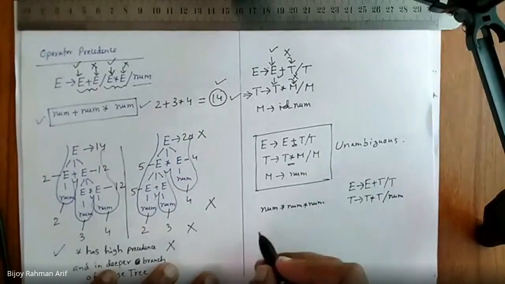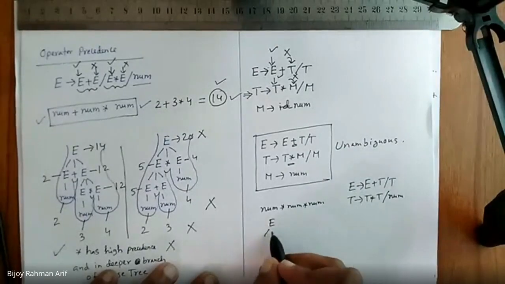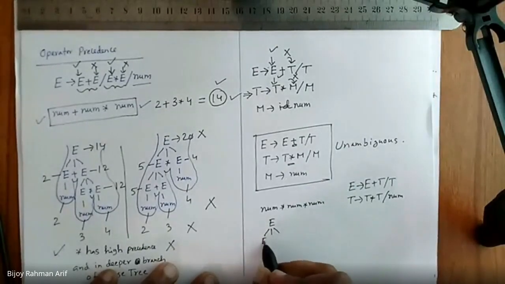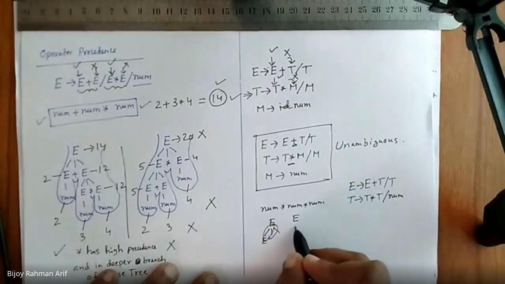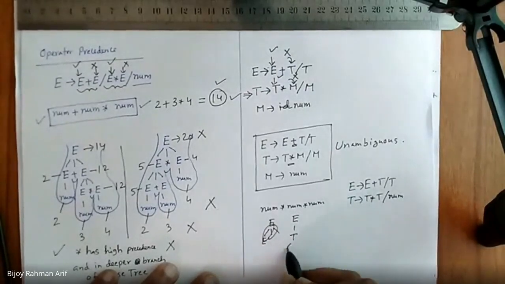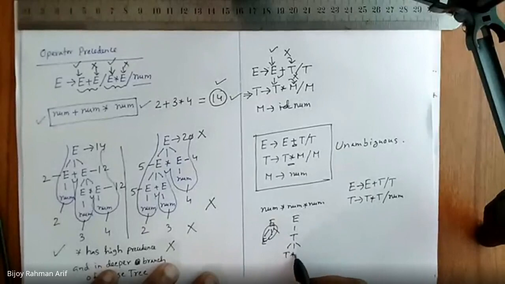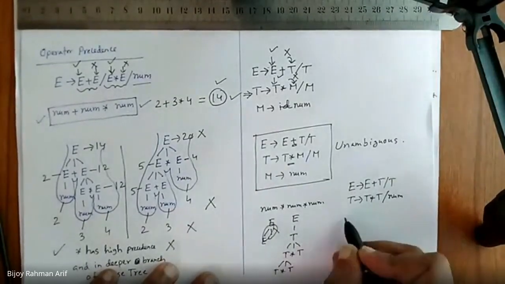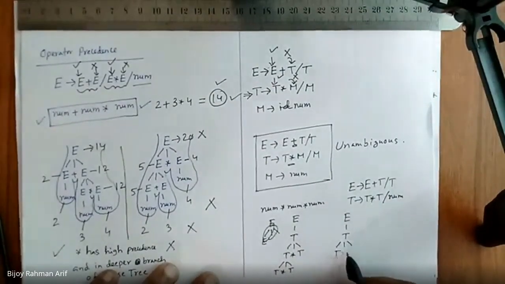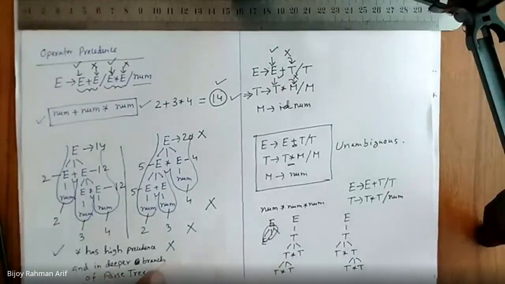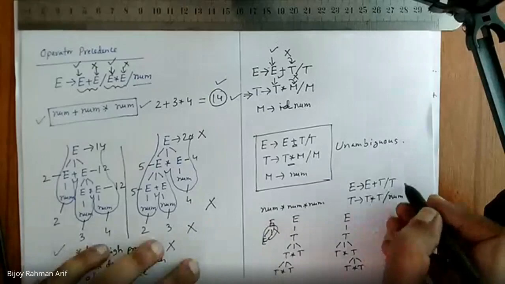E derives E plus T, E derives T, then this T derives T star T. If we replace this T with T star T, it is still ambiguous. Am I right? Yes, sir. It is ambiguous, so it is wrong.